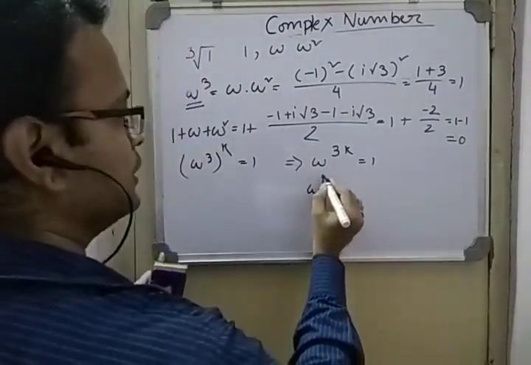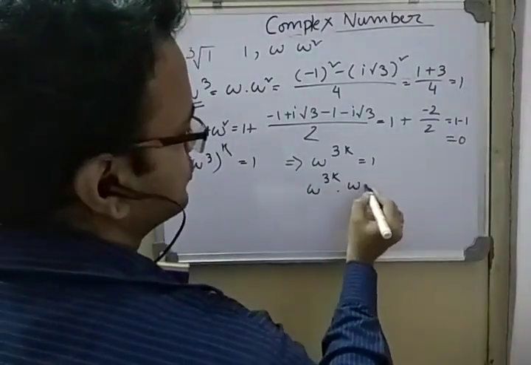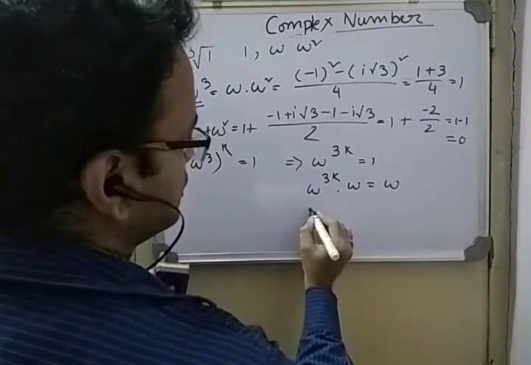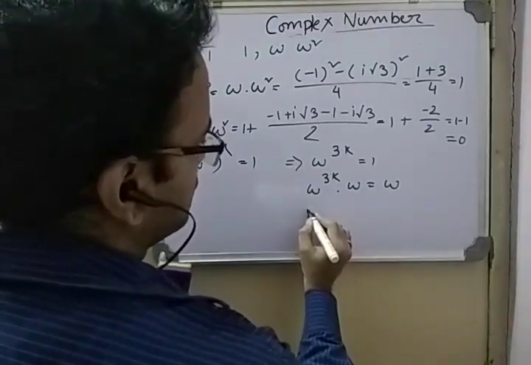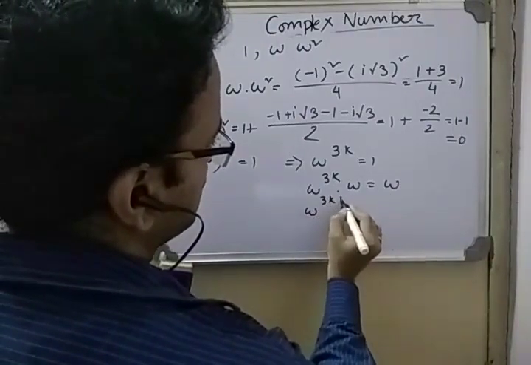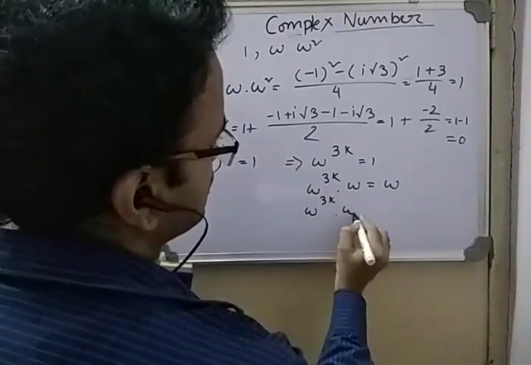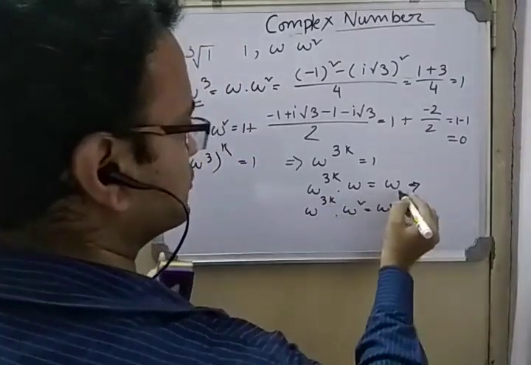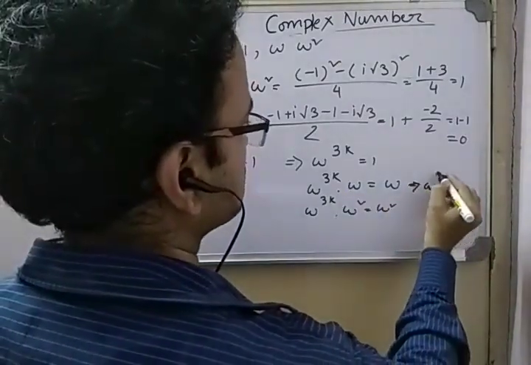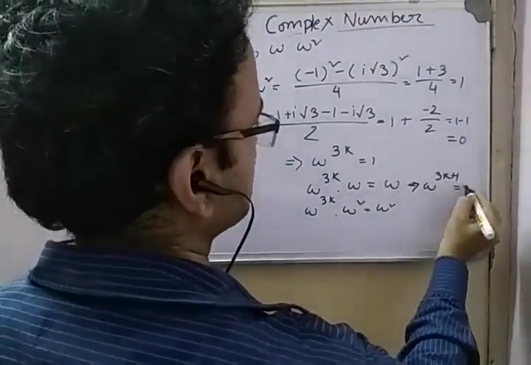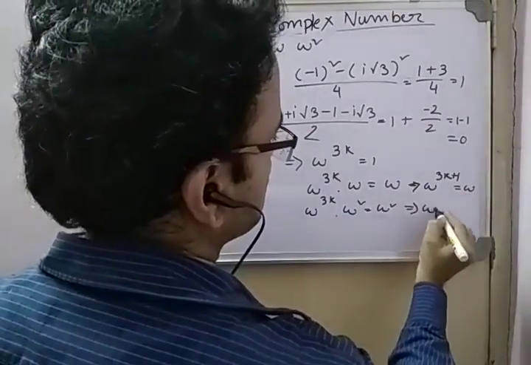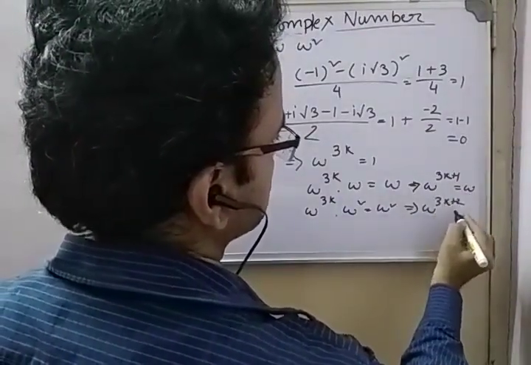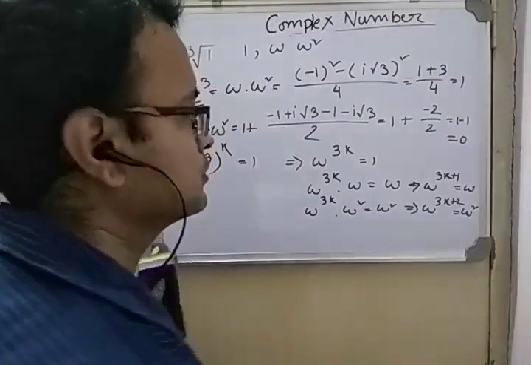We can write omega to the power 3k into omega equal to omega, and omega to the power 3k into omega square is omega square. So omega to the power 3k plus 1 equals omega, and omega to the power 3k plus 2 equals omega square.